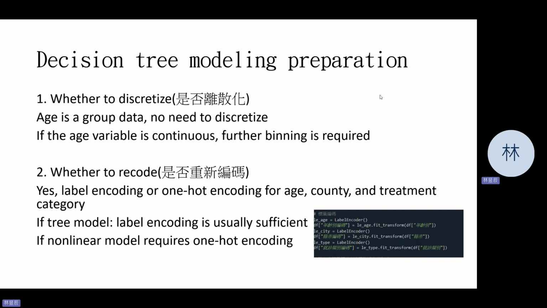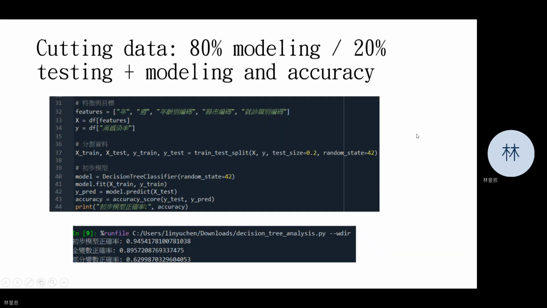For a tree model, label encoding is usually sufficient; if a non-linear model, it requires one-hot encoding. And this is cutting data, 80% modeling, 20% testing, plus modeling and accuracy.